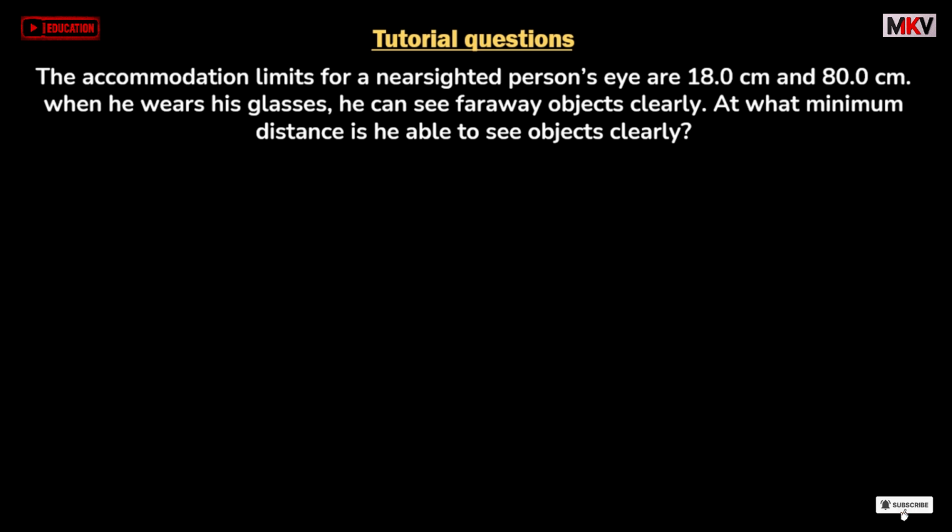So the distances given here are image distances. You're supposed to find the minimum object distance. That is what we are looking for. For nearsighted persons, we consider the diverging lens since we want them to see far away objects. So into our solution, our formula is 1 over f is equal to 1 over di plus 1 over d naught.